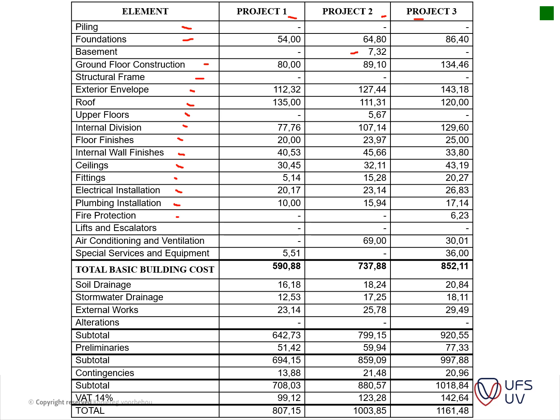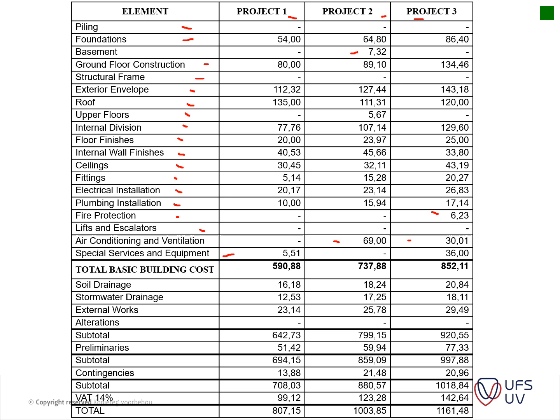Then fire protection. The one had some fire protection. Lifts, no lifts were installed. 2 of the projects had air conditioning and ventilation installed, and then specialist equipment and services additional to the project. This might be like access control or anything like that, like biometrics, etc.